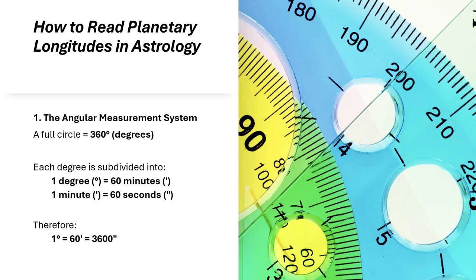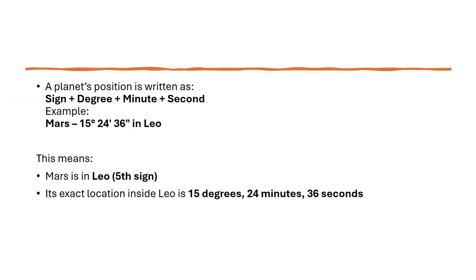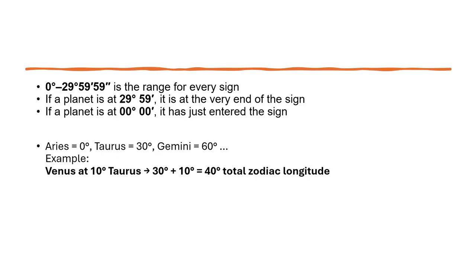In every degree there are 60 minutes, and every minute there are 60 seconds. So let's say if a planet is at 75.50 degree, that means 75 degree 30 minutes, right? So this system should also be clear in your mind. If there is any confusion regarding this degree system, please ask.